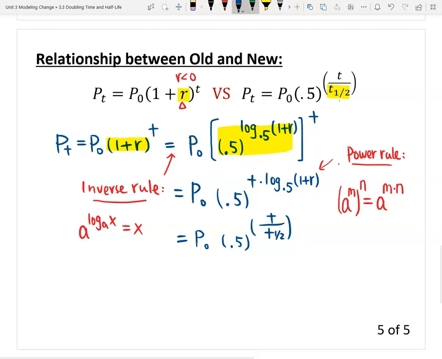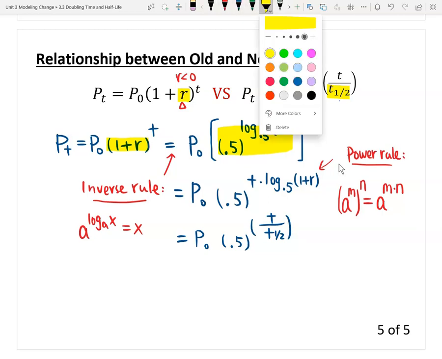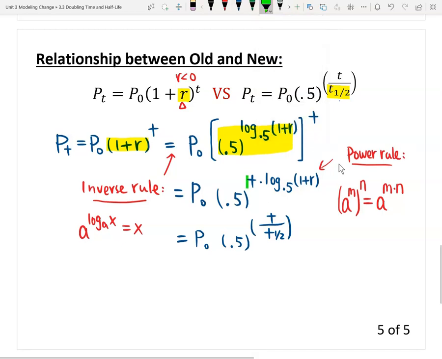So what do we need? We need this power to equal this power. If these two powers are the same, then we can definitely convert from the old model to the new model.